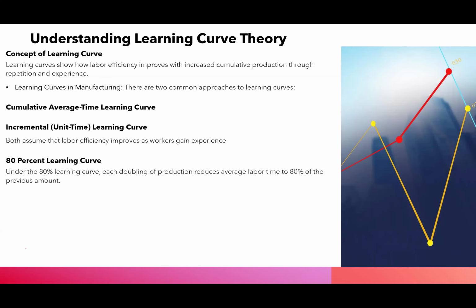I'm going to show you an example. If you are given an 80% learning curve, what does that mean? It says if you made the first unit and it took 10 hours to make, then under the 80% learning curve, the time taken has come down to 80% of the previous one, which means the second unit will take 8 hours. This is what the incremental method believes.